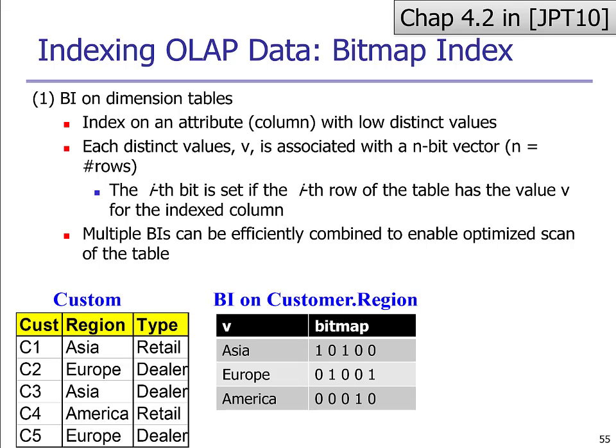Let's start from an example of the bitmap index, as this is the technology that we're going to introduce, and then we will compare it with other technologies that we have learned before, for example hash tables or B-trees. A bitmap index is an index on an attribute with low distinct values. The distinct values are the number of values.